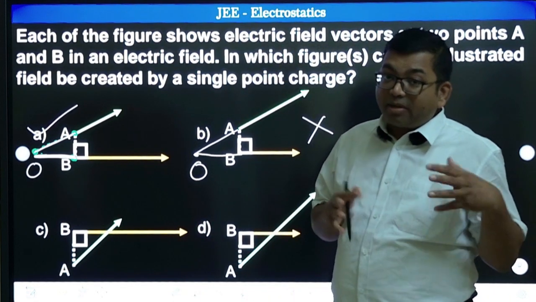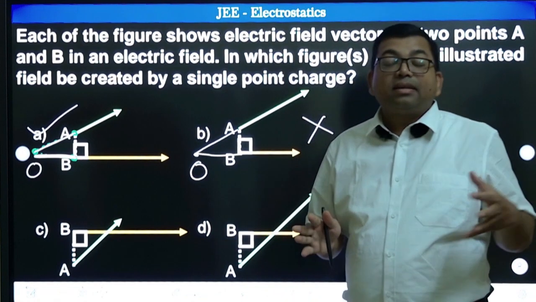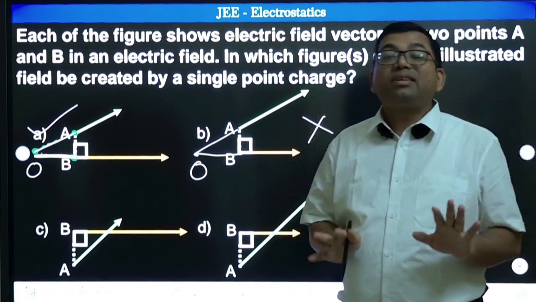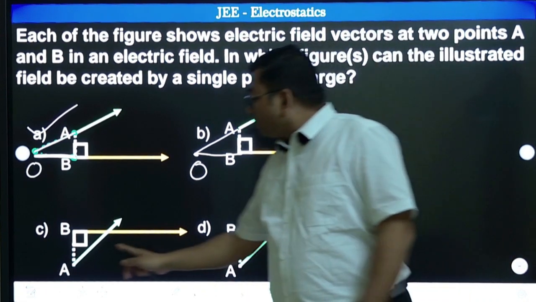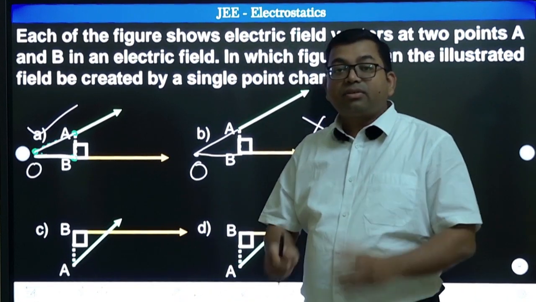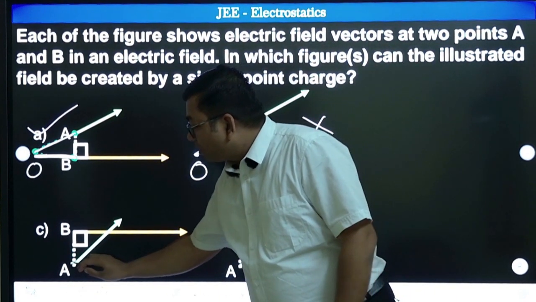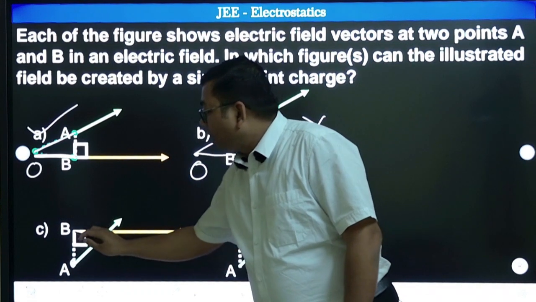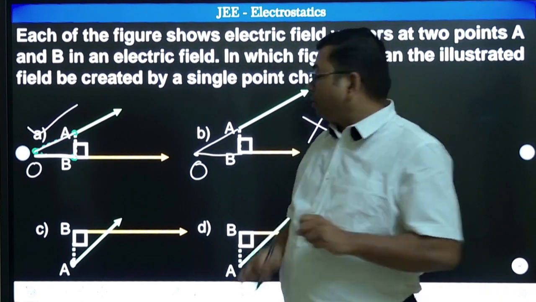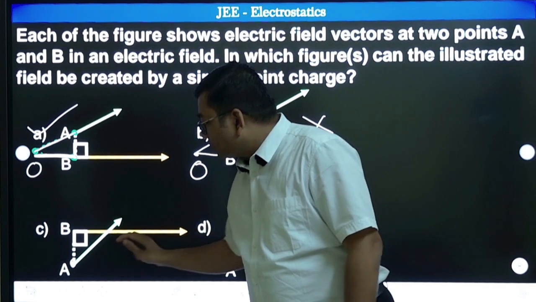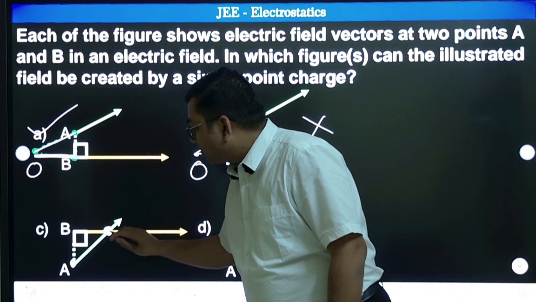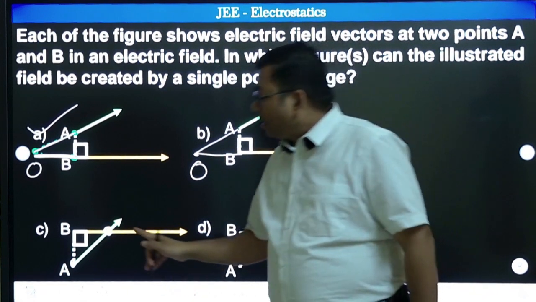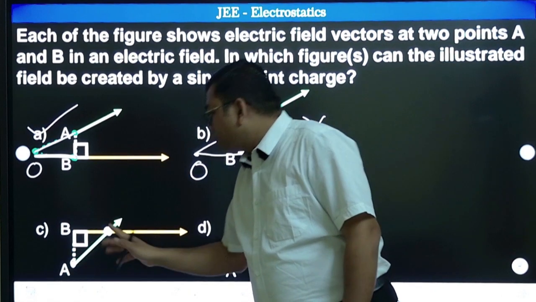Similarly, now see here. There can be confusion about how the field lines are cutting. This is not the field line, it is the vector. Vectors can be translated, so it is representing the field vector here and the field vector here. Same idea applies. Here these two lines intersect at this point, so there must be a charge here, and the field lines are going towards this point.